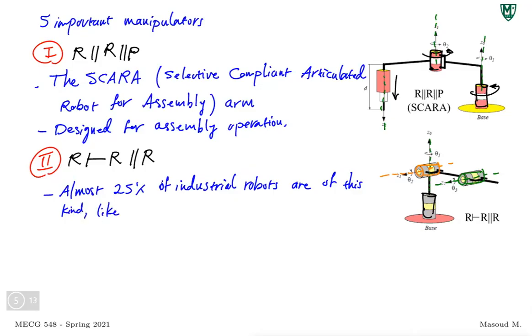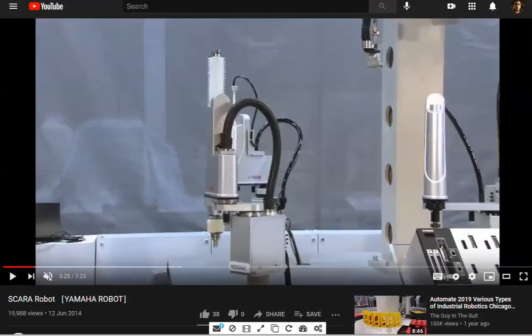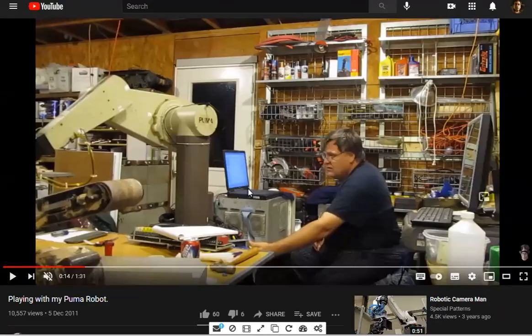Like Puma. I do not remember what Puma stands for. I have to look it up, or I'll just leave it to you to look it up. But I think I also put a video aside for this one. These are the things you can easily find.